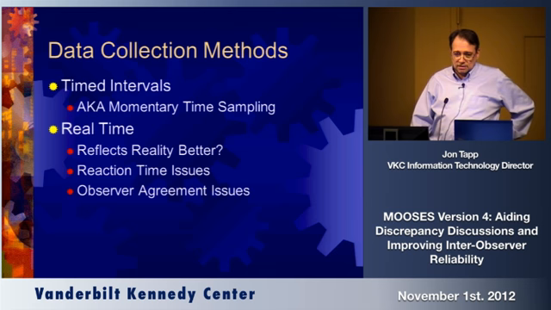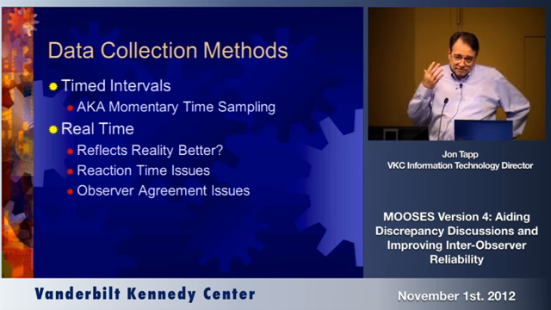It's really a good way to go for a lot of research questions. So I used to argue more for real time, but now I'm kind of liking both of them, depending on the research question. It really boils down to real time being just making the intervals smaller.